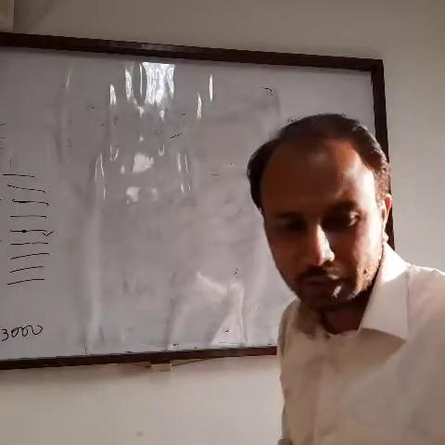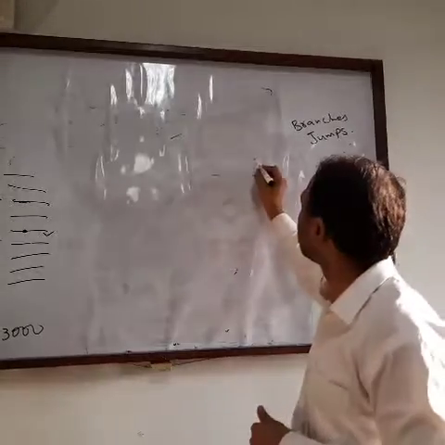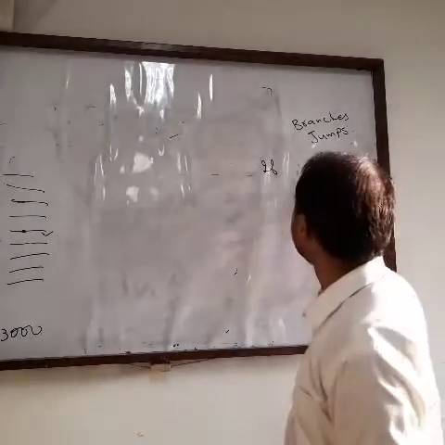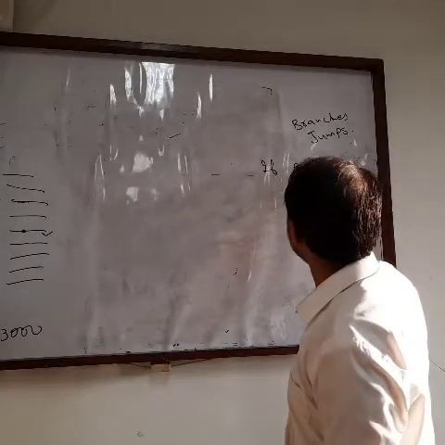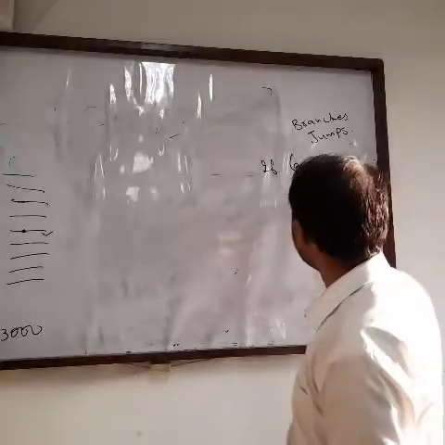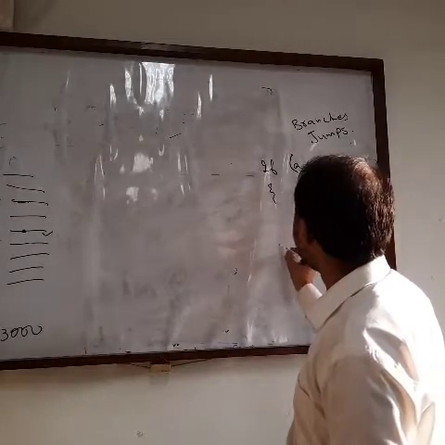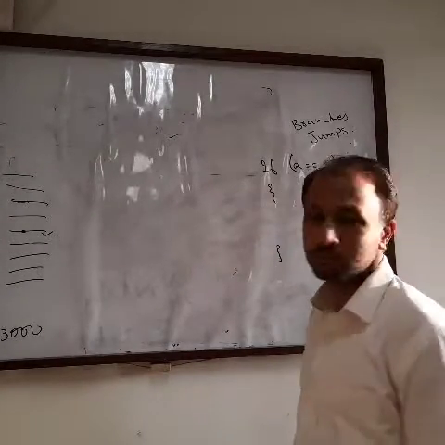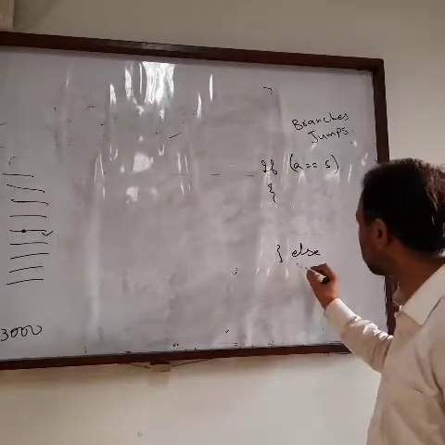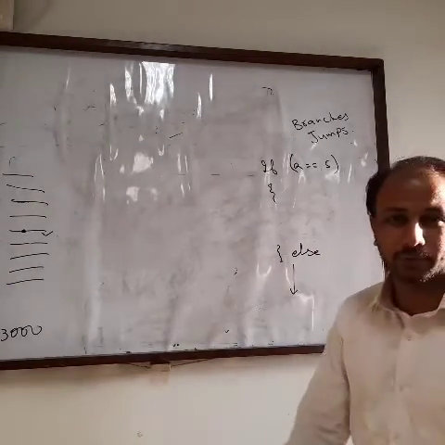For example, if in C we say if our result A is equal to 5, then execute this code, else do this one.